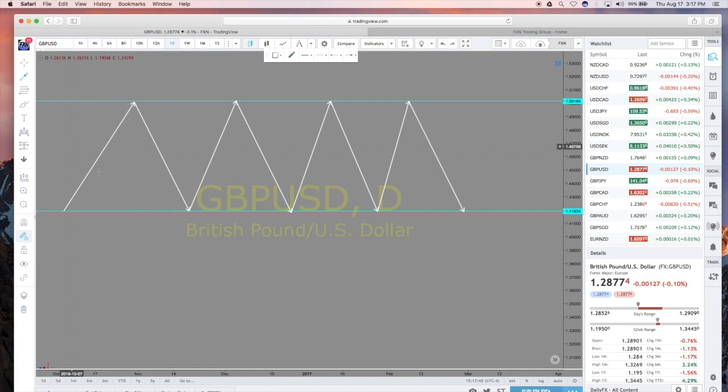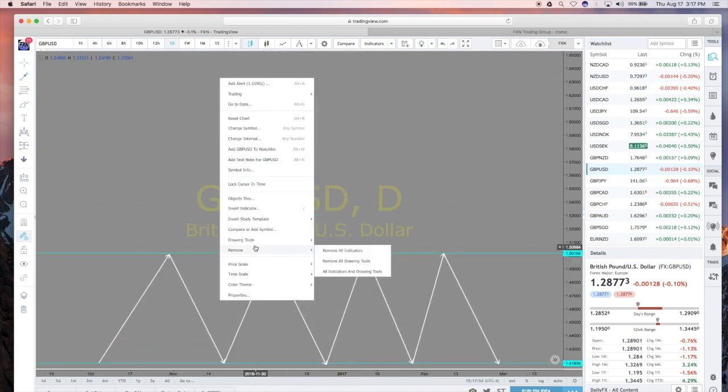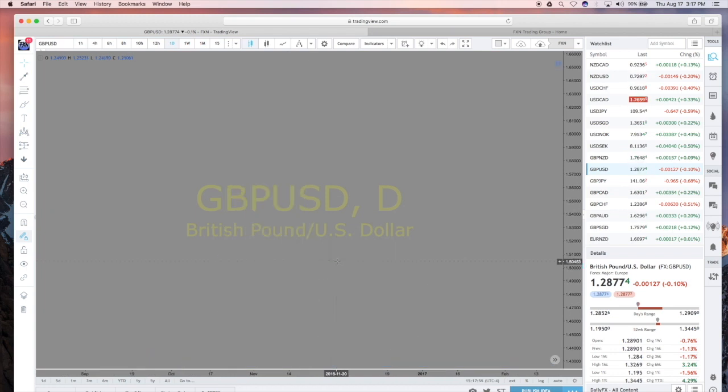Now, of course, price doesn't always move perfectly straight across into areas of support and resistance. It just doesn't do that. What price does do is move in what we call waves.